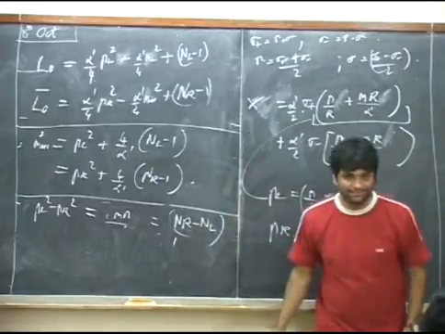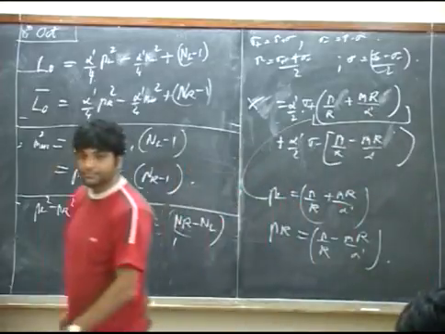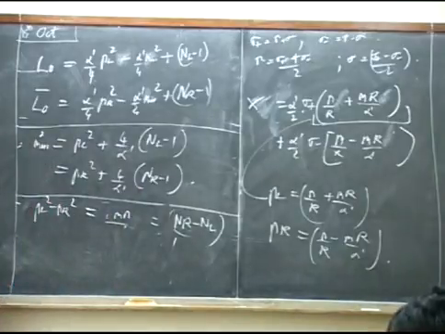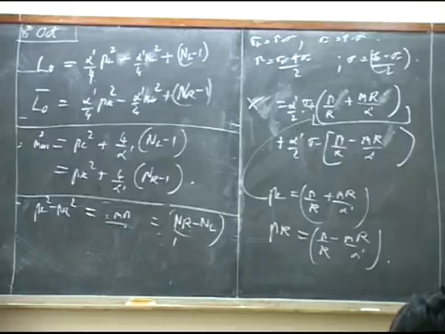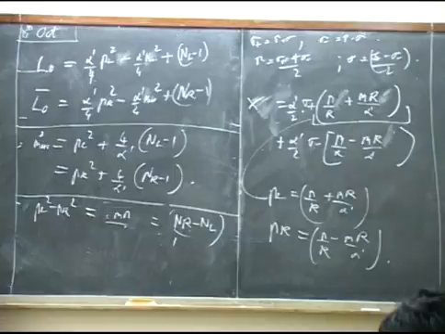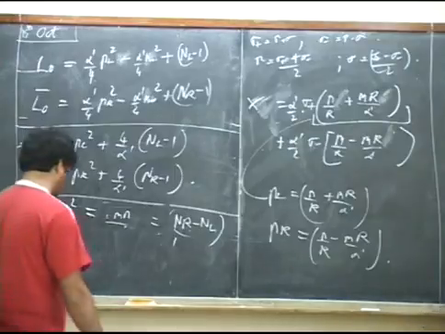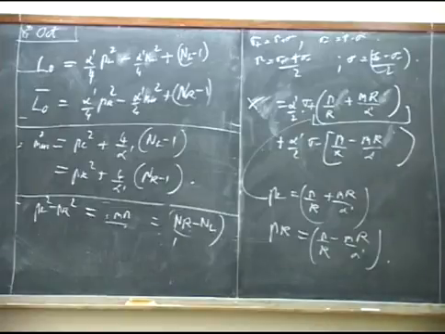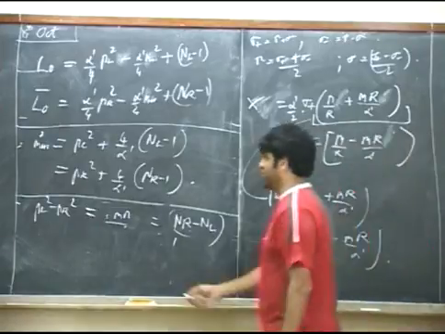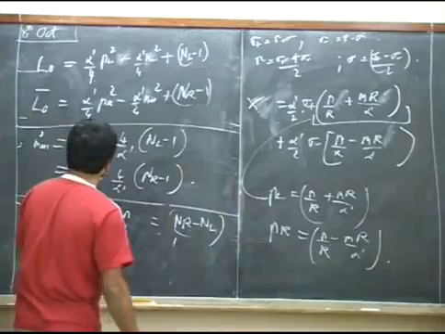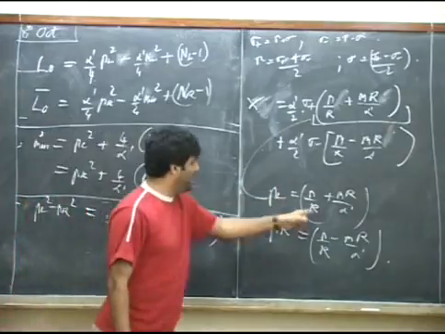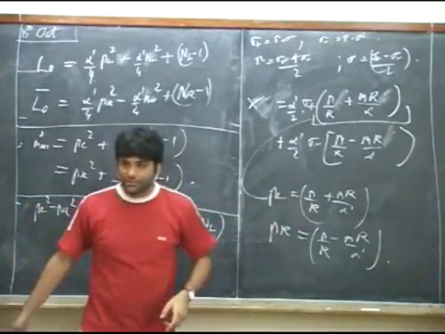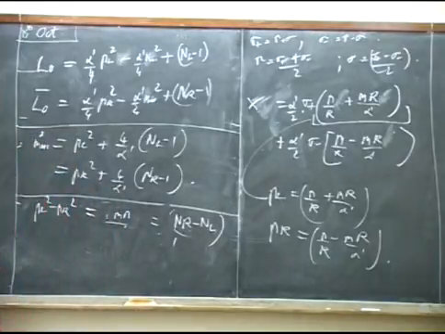Fix some m and n, then you have to choose your oscillator excitations from the right and the left such that this difference is made. We still have translation invariance in this circle, and n by R is the momentum corresponding to translation invariance.